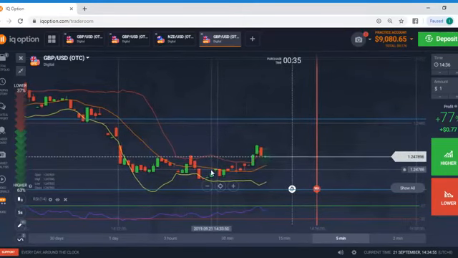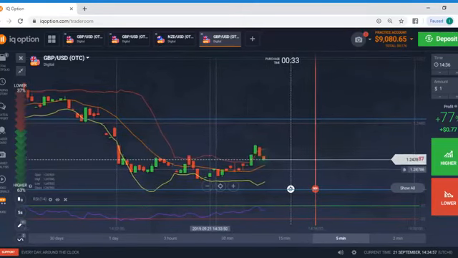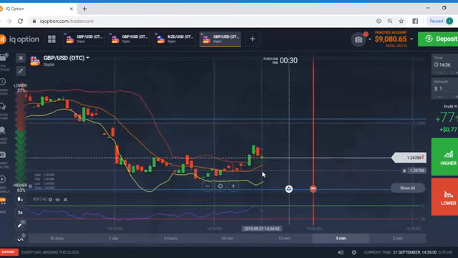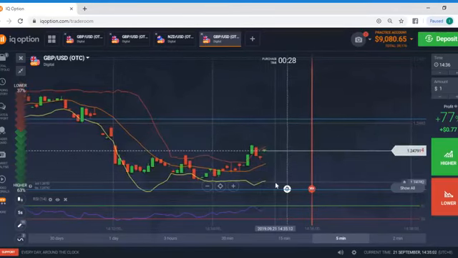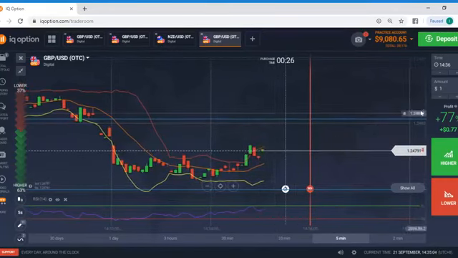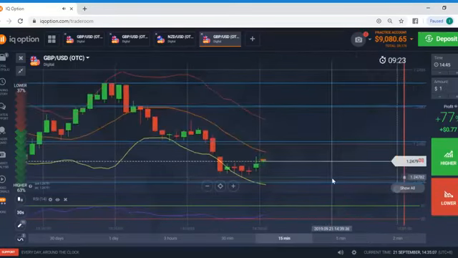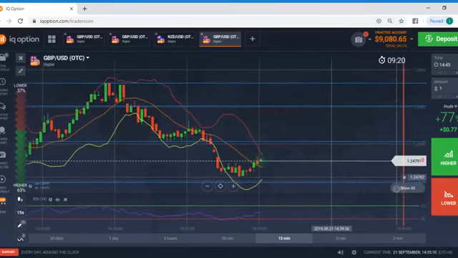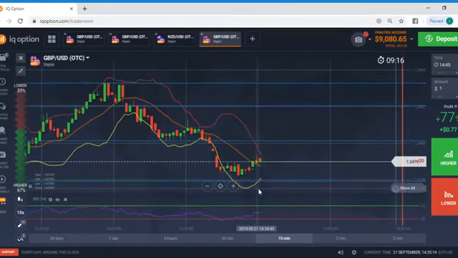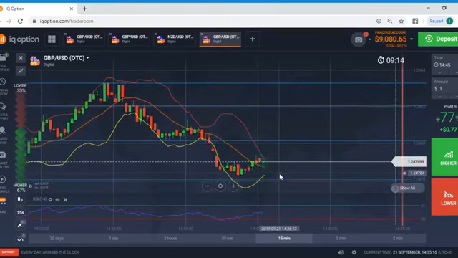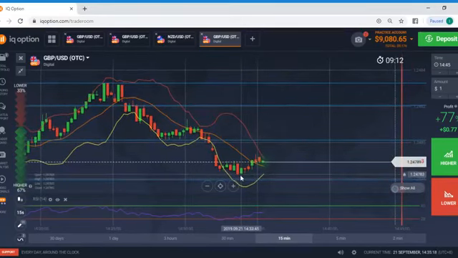So following the trading strategies using the Bollinger Band, we'll enter trades this time. And here you can set your time frame or your duration. I think this pair is still going to dip.